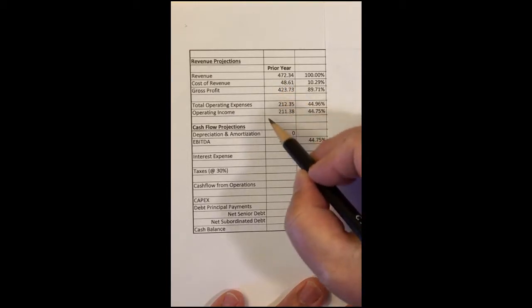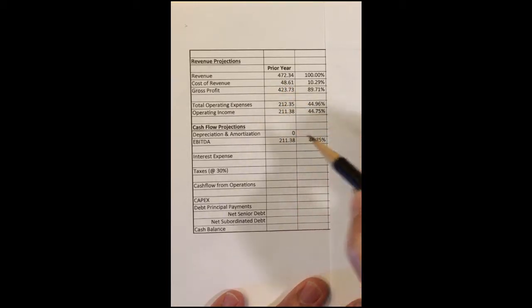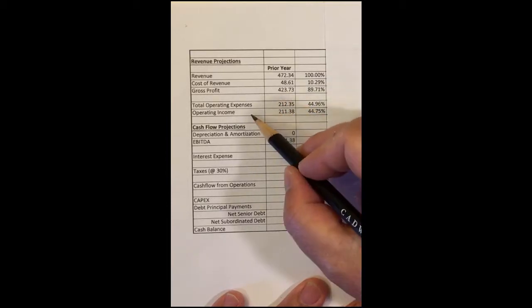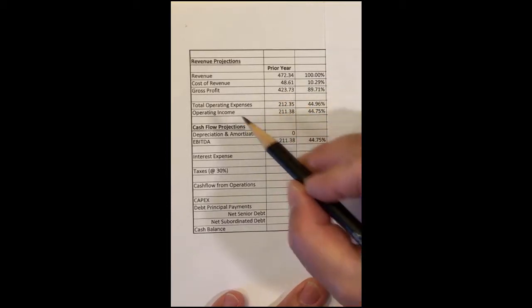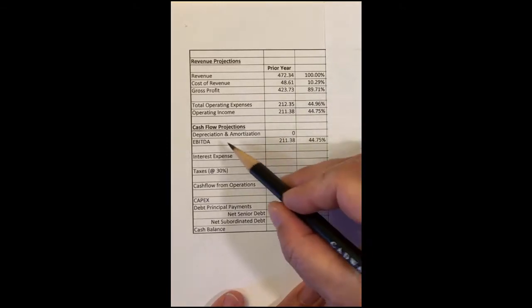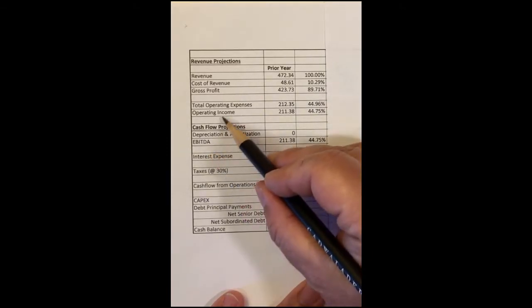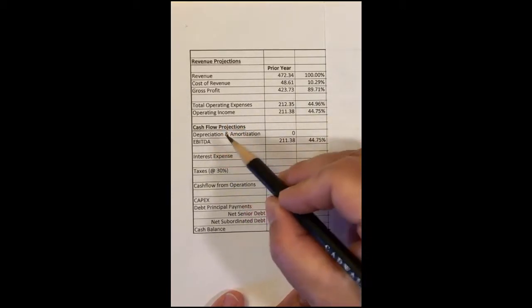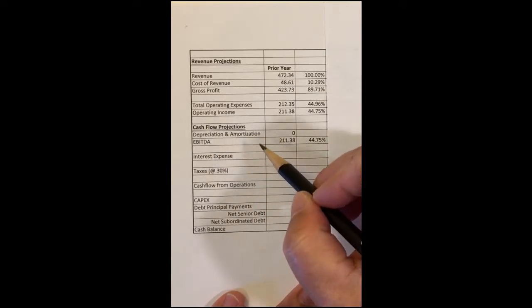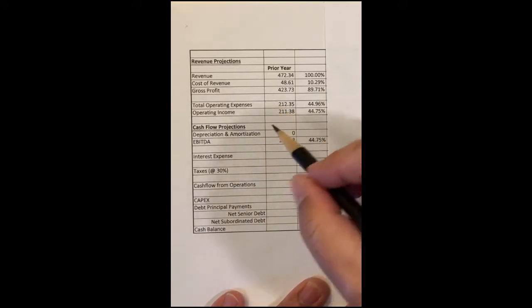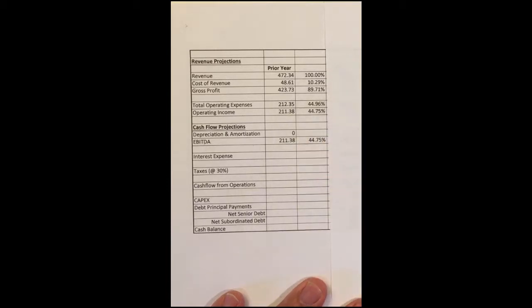And all of this, so far, we have not taken into account any interest costs, and we've not taken into account any tax costs. And so that's EBIT or operating income. But to get to EBITDA, which is earnings before interest, taxes, depreciation, amortization, we would have to add back any depreciation, amortization if there were any. But as is not uncommon for a software company, there is none in this case.